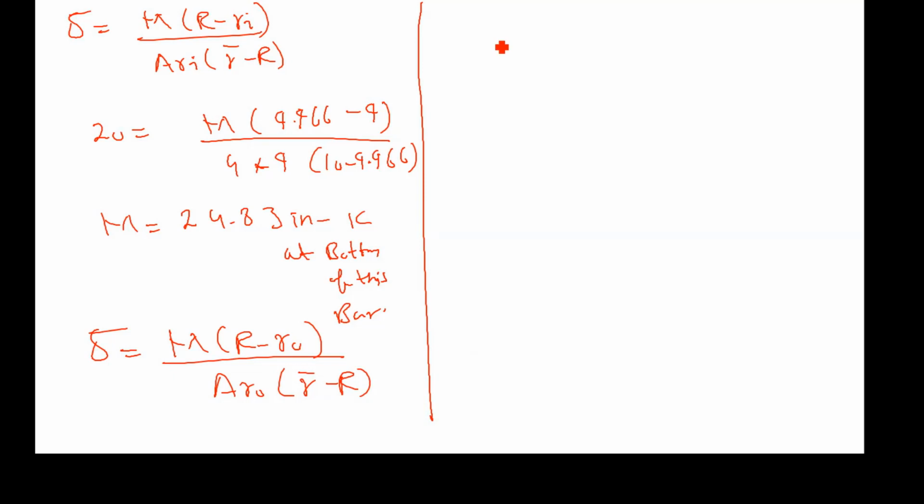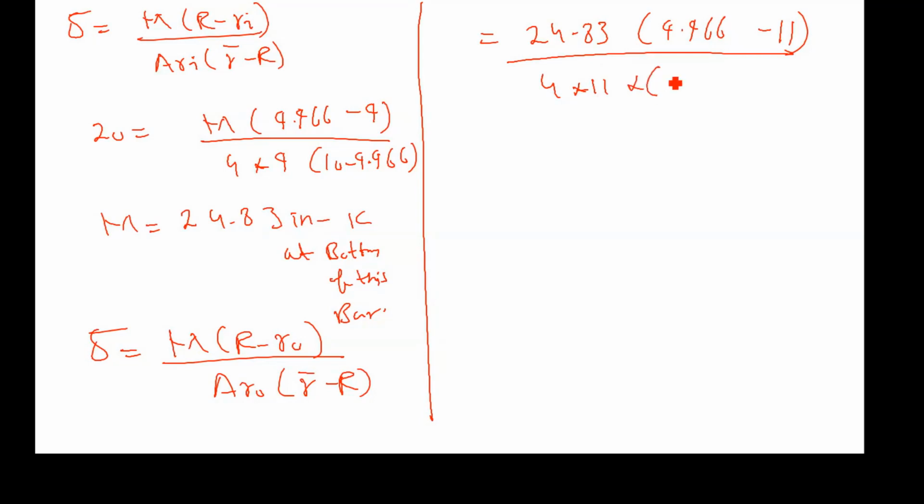So we will get this value as 24.83 into (9.966 minus 11) divided by 4 into 11 multiplied by (10 minus 9.966). So we will get the value of stress equal to minus 17.49 ksi.